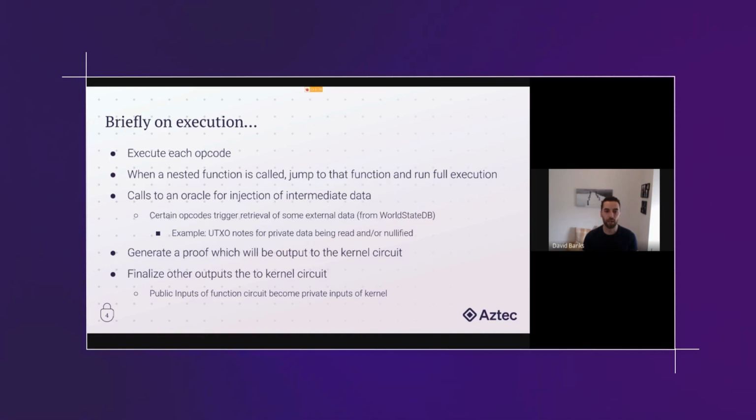When you reach an opcode that needs some data from our world state, like private data from the tree, for example, you're going to make a call to an oracle for injection of that intermediate data. And then ultimately you end up generating a proof of execution of that Noir function, which will be sent to the kernel circuit. And you'll also finalize some other outputs that'll be sent to the kernel circuit.